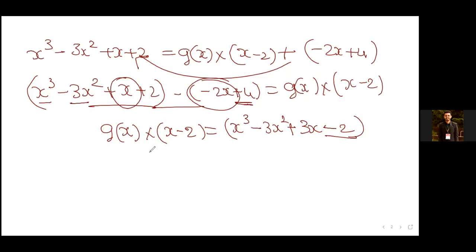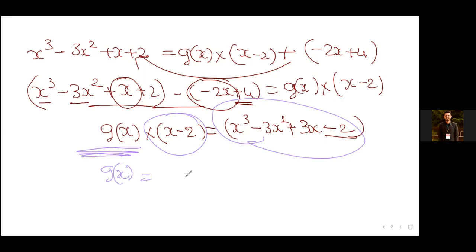Then dividing this, we need to divide this term with this, because to obtain g of x, on simplifying we can write g of x is equal to x cube minus 3x square plus 3x minus 2 upon x minus 2, right?